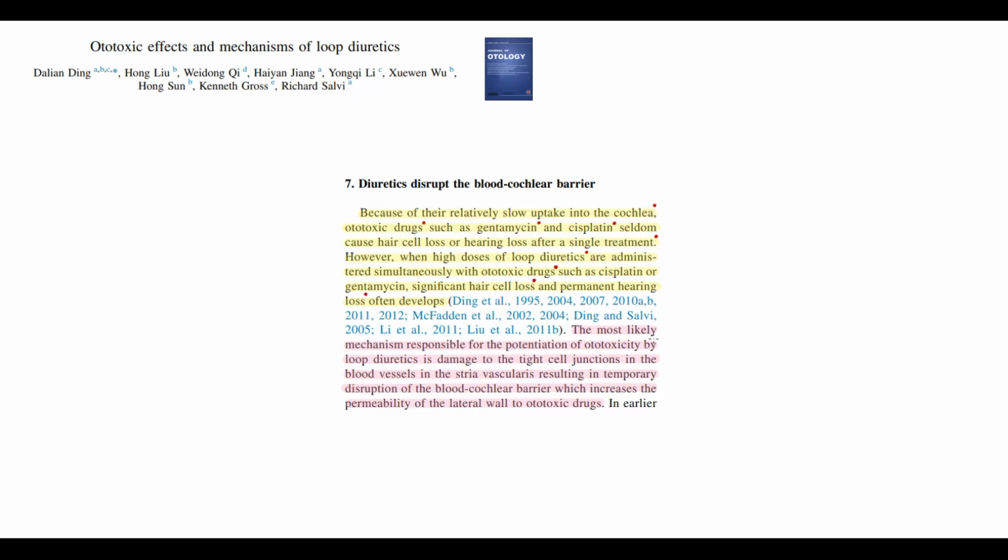The reason is the ability of loop diuretics to damage the tight junctions in the blood vessels of stria vascularis, which will increase the permeability of blood-cochlea barrier. So, loop diuretics make blood-cochlea barrier more permeable, and in this state, such ototoxic stuff like gentamicin can leak through the barrier in high concentrations.